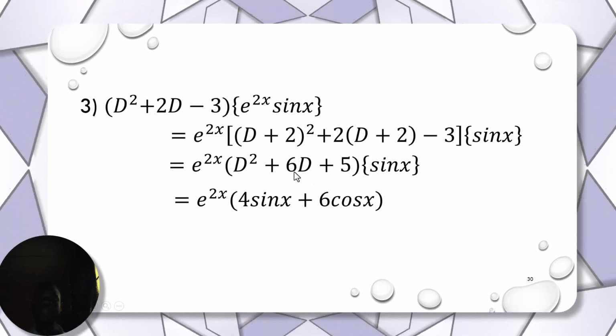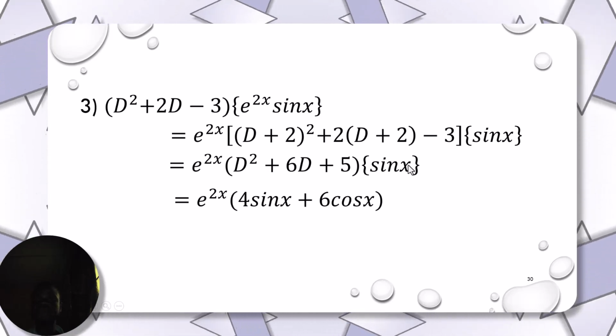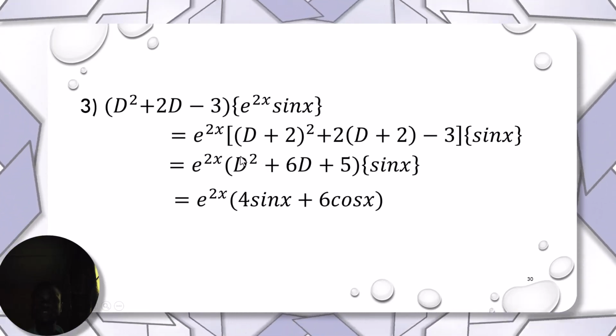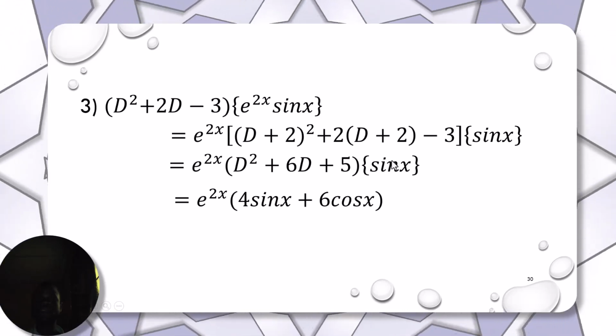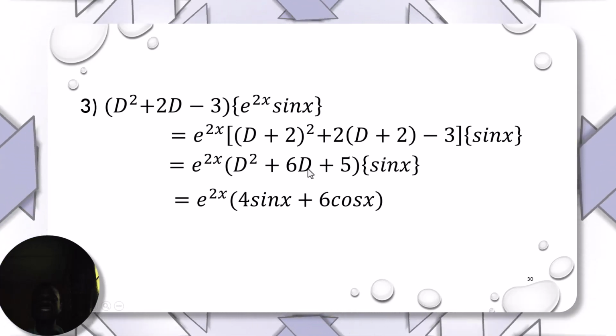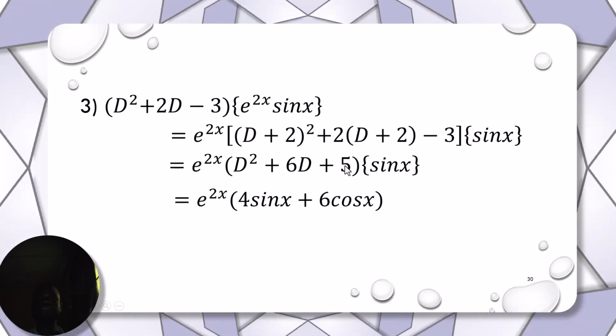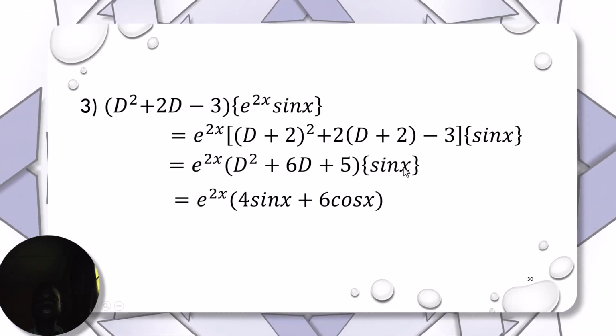So here I will have to use this to multiply each term of this, which means for the first one, I have to differentiate this in second order, then 6d differentiate this in first order, and 5 sine x, right?